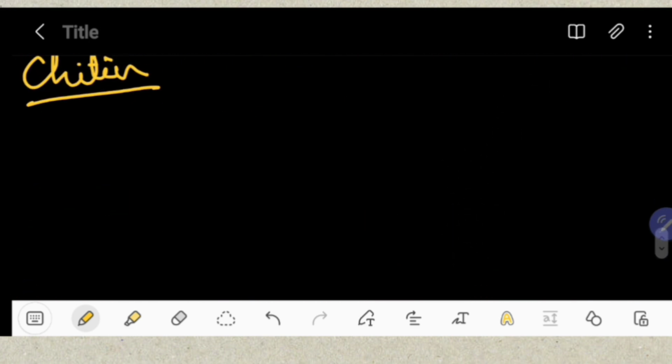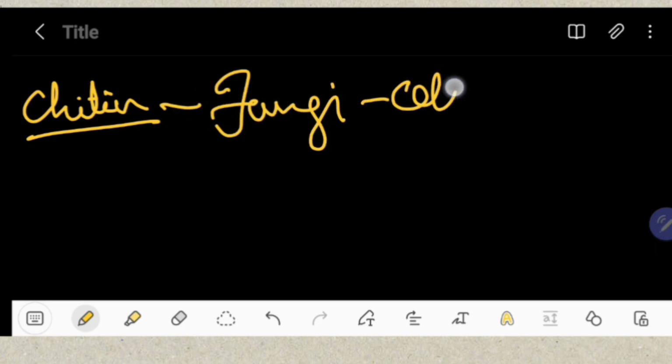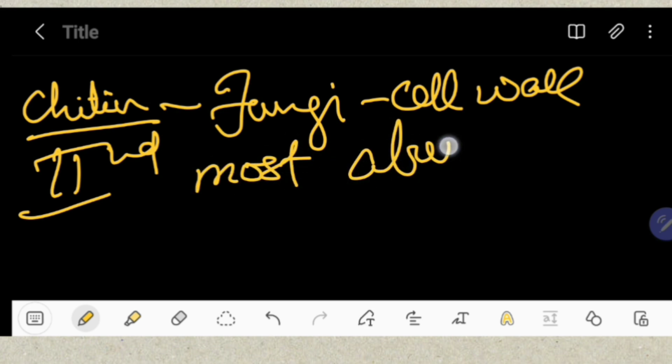Now next is chitin. In fungi, the cell wall is made up of this chitin. This chitin is an example of a polysaccharide. It is the second most abundant polysaccharide. First is cellulose, chitin is the second most abundant polysaccharide. It is also a structural and supporting polysaccharide.